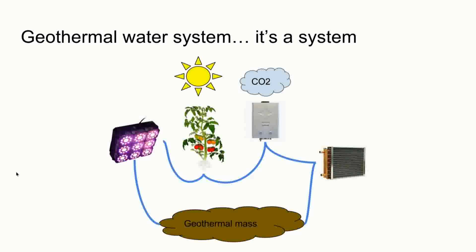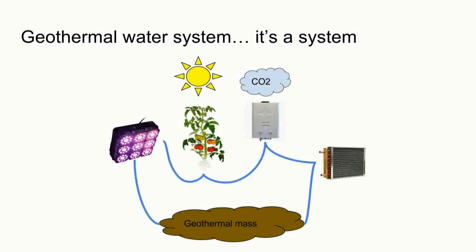So I'm going to talk about this as part of a system. It doesn't necessarily apply completely to the system. It can obviously be used outside this type of system, but I'm going to talk about this as part of a bigger geothermal water system.